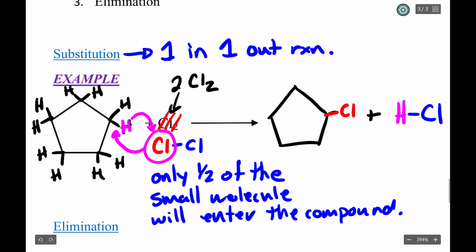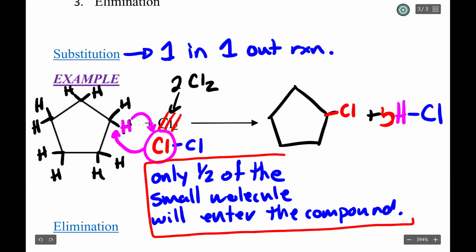So again, if I wanted to have a chlorine on every single carbon, there's 5 carbons, I'm going to need 5 Cl2 molecules, and I'm going to produce 5 HCl's. Still, only 1/2 of the original small molecule will enter the compound.